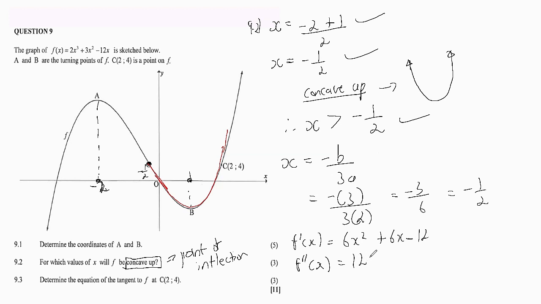Here we would have 12x plus 6. Then we need to equate the second derivative to 0. This would give us 12x is equal to -6 if we transpose it over to this side. If we divide both sides by 12, then our x is going to end up as -1/2.